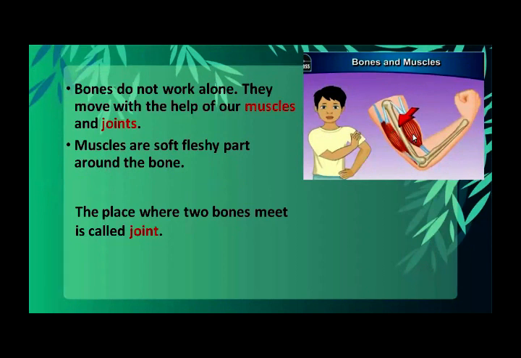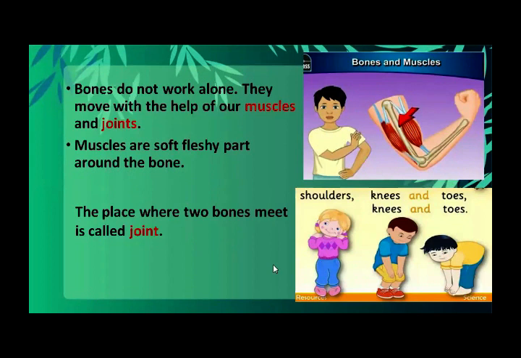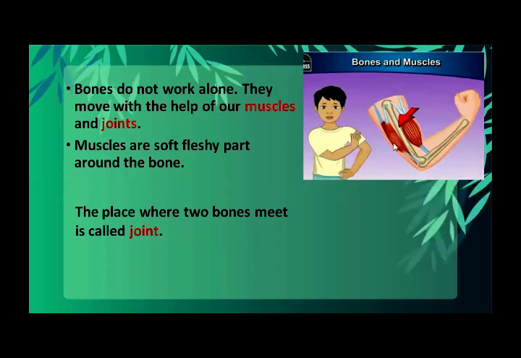Bones move with the help of our muscles and joints. And what is a joint? Joint means the place where two bones meet. As you can see in this picture, beta, one long bone and a second long bone are joined together here at your elbow.